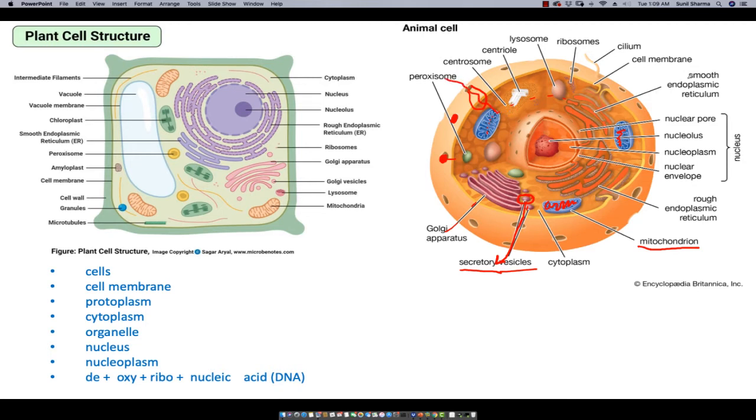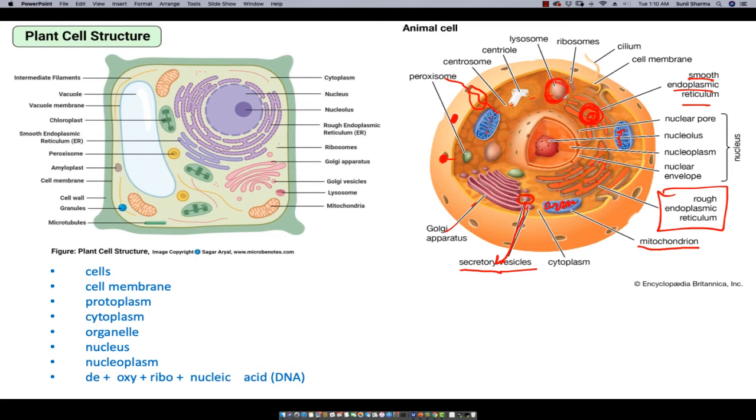And so we do have our smooth endoplasmic reticulum. This one will produce fatty stuff. And again, I'm not telling you this because it's on the test or you're going to be tested on this, but just have a general knowledge of how our cells are structured. Then we have a rough endoplasmic reticulum. This creates proteins that the body might need, or other areas might need, or the cell itself might need. And then we have what we call lysosomes.